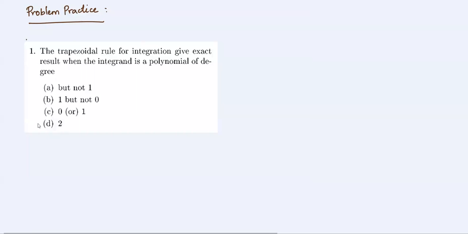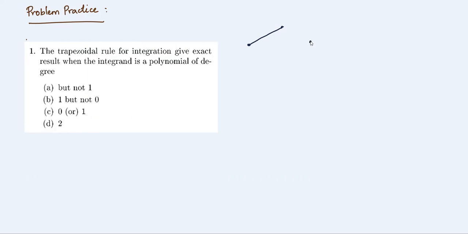If you see the interpolation in the trapezoidal rule, it is a straight line. A straight line usually means a polynomial of degree 1.